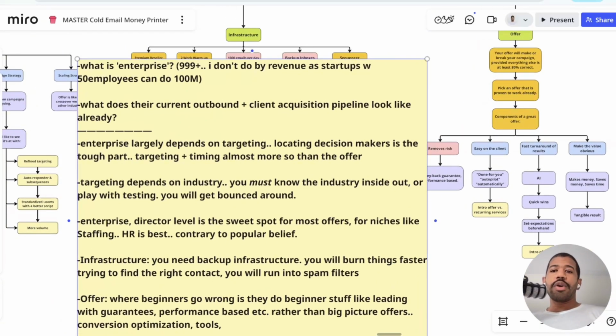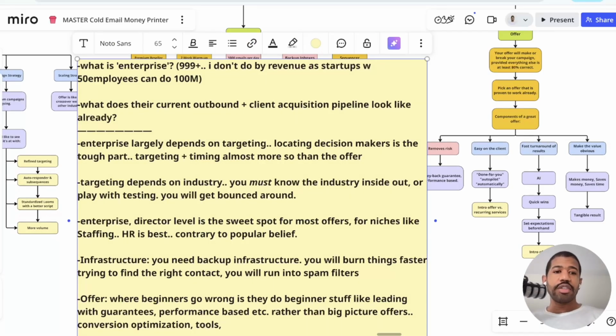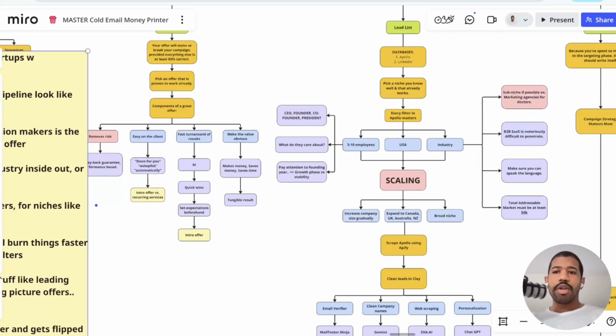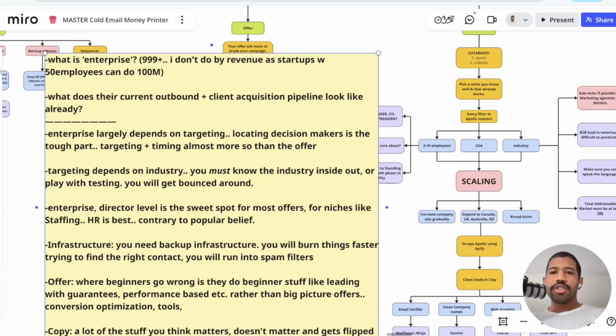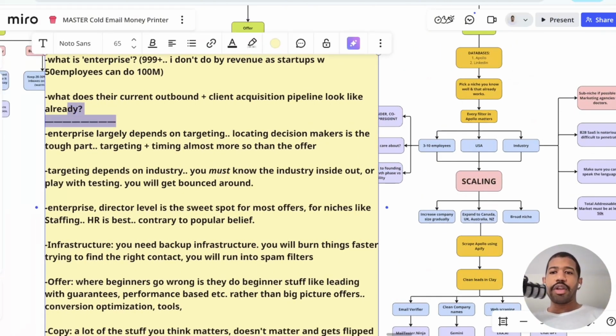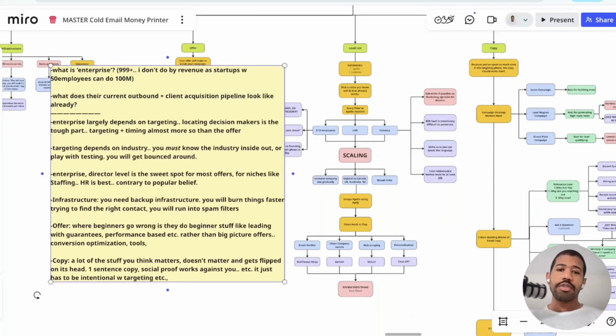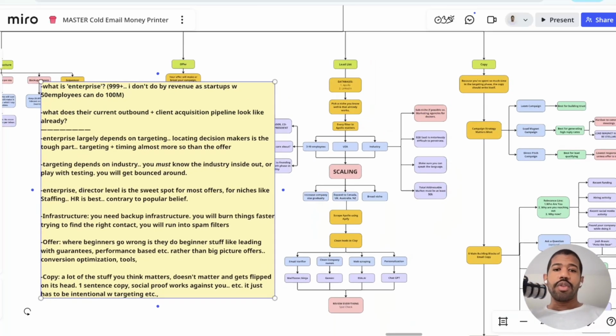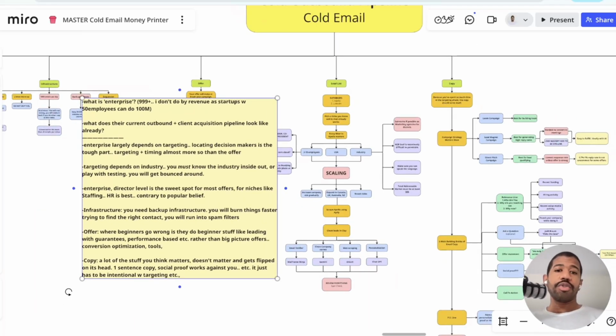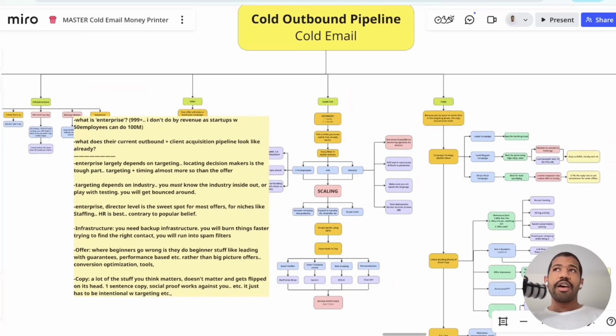So the next question I would ask, now that I know which size company I'm going for, is what does their current outbound look like already, or what does their current client acquisition pipeline look like already? This is going to affect how I position the copy and the offer. Again, the offer might vary depending on who you are. I'm just showing you how to crack large scale companies with cold outbound, and then you sell whatever you want to sell.